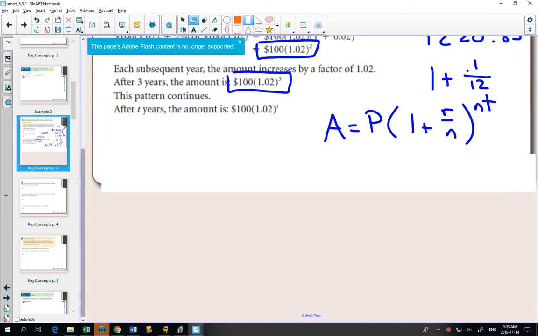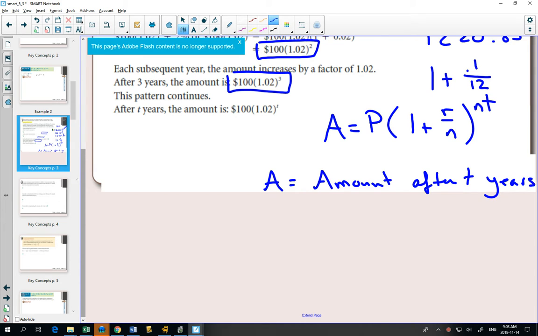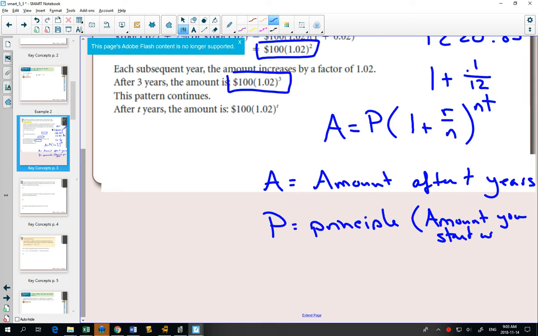In our compound interest formula, we have the value A, which is the amount after t years. P stands for your principal, and that is the amount you start with.